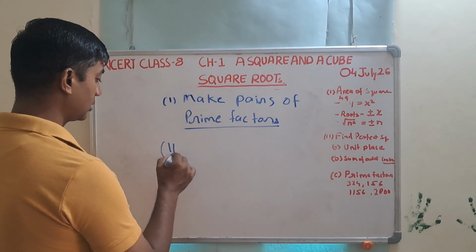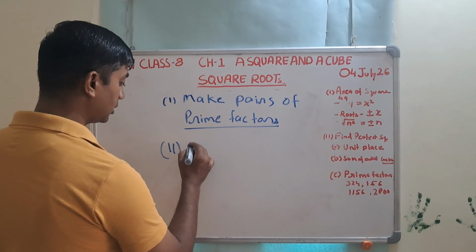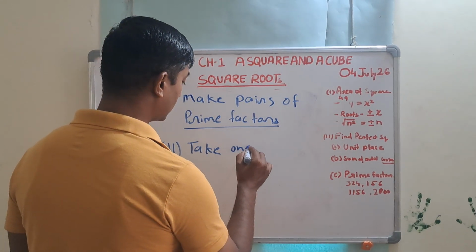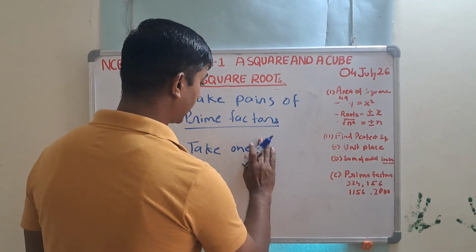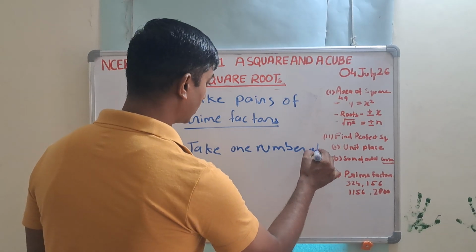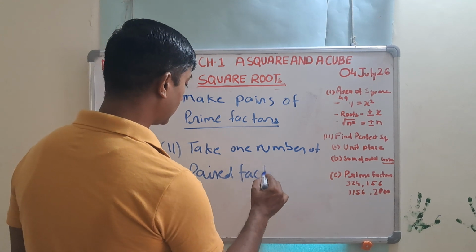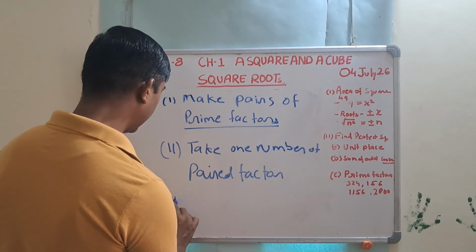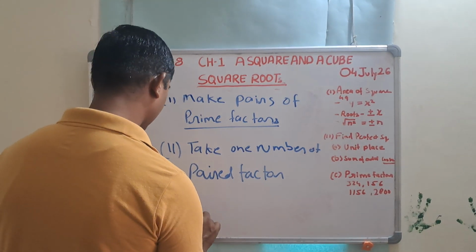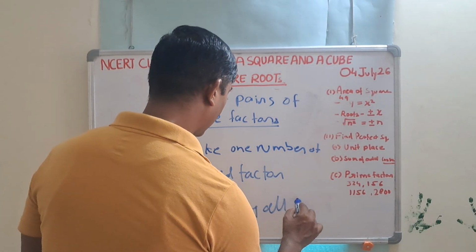Then take one number from each paired factor. Third step is multiply all these factors and you will get the result.